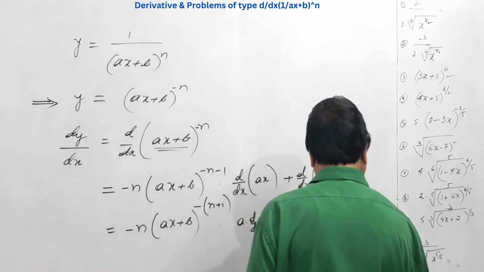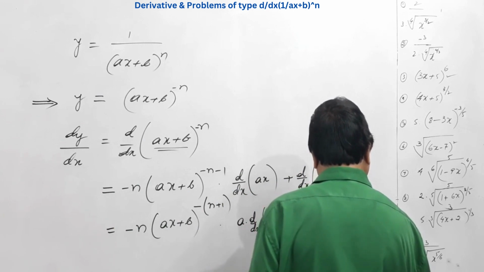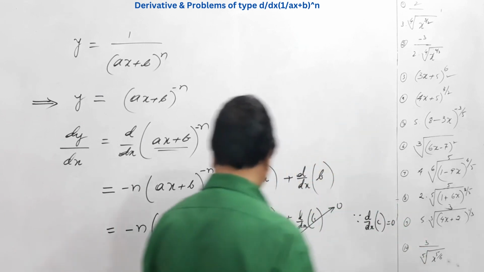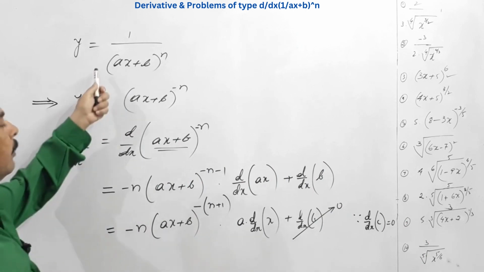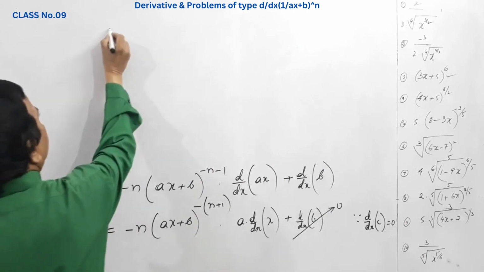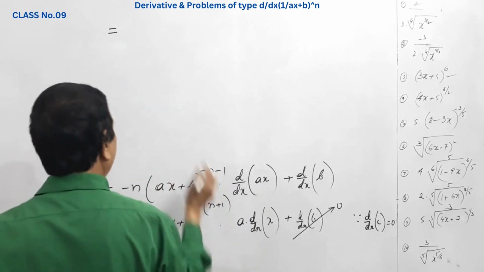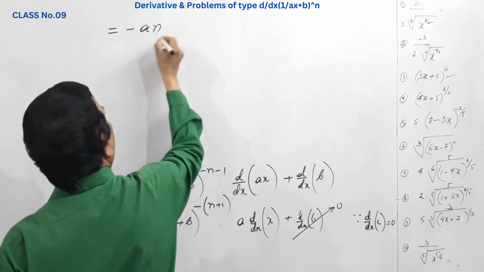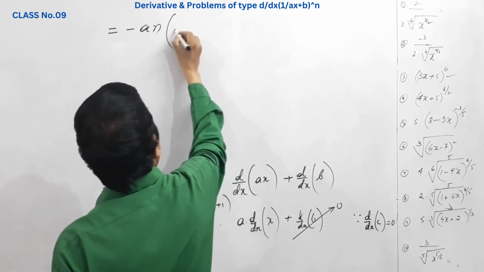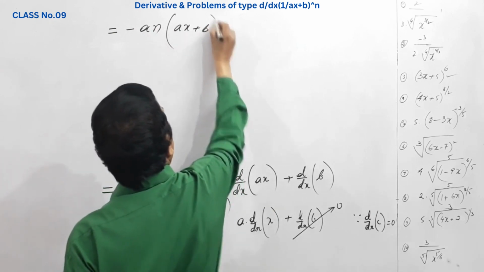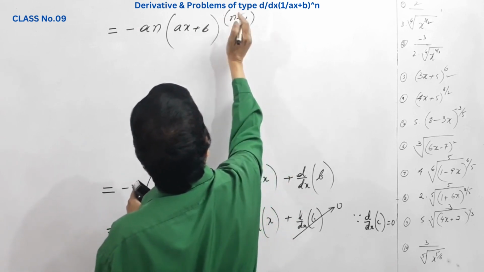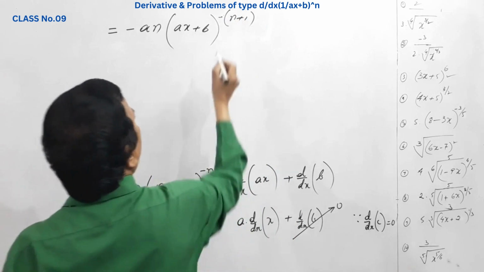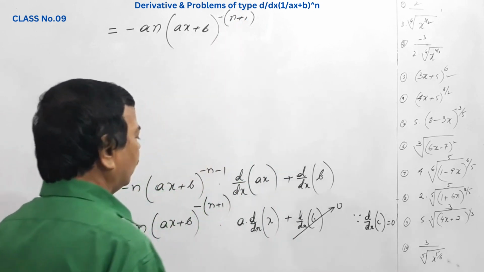So that equals minus an into ax plus b to the power of minus n plus 1.